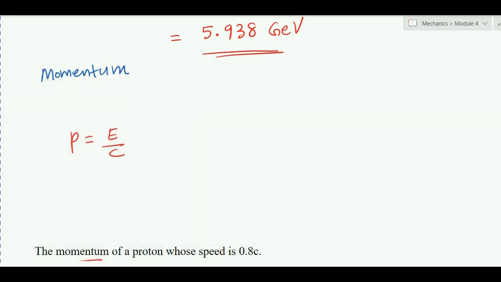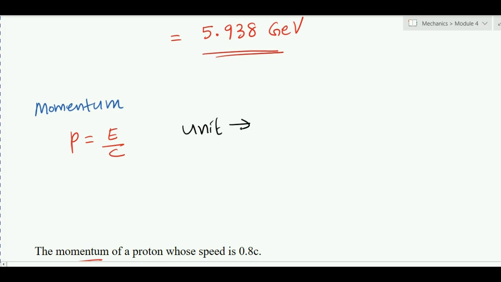Obviously the unit of momentum is going to be mega electron volt divided by c, MeV per c, or if it is moving with very high energy, with very high velocity, it can be GeV per c.